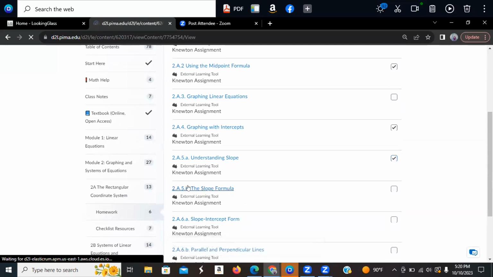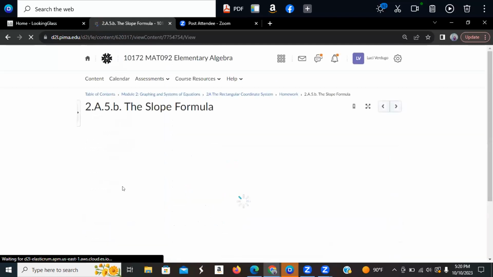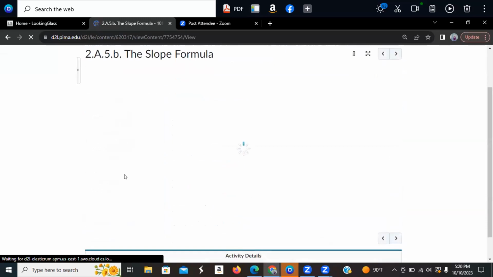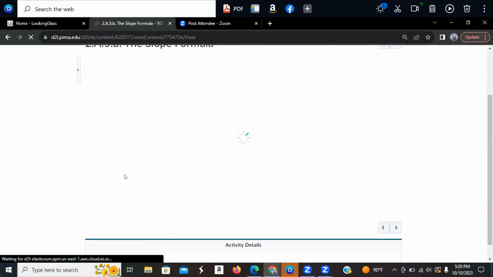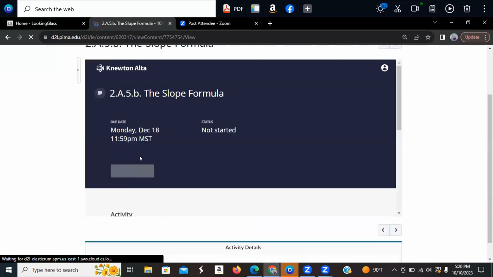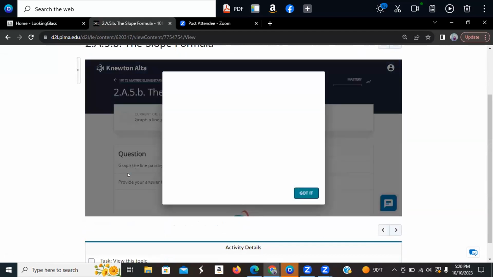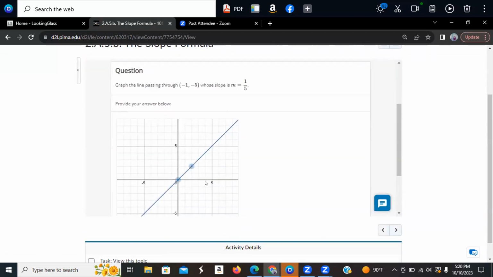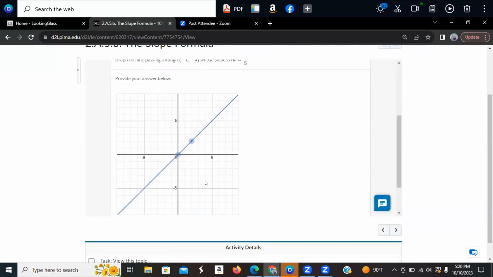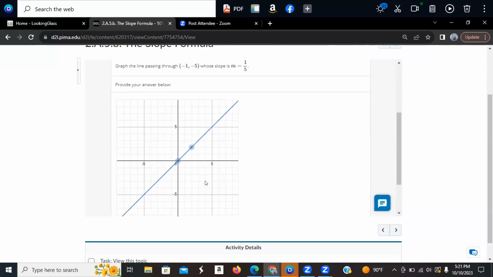All right, so this will definitely be a little bit more complicated, but totally doable. Okay, so I kind of have to talk you through this.